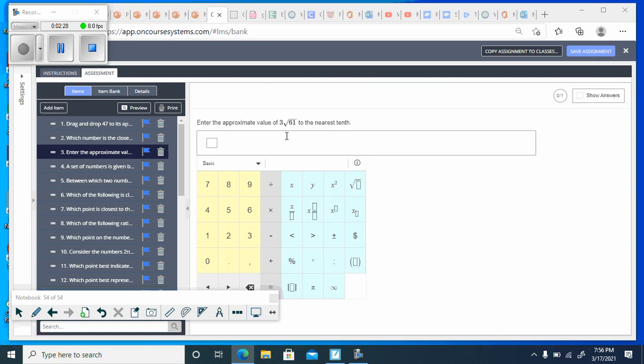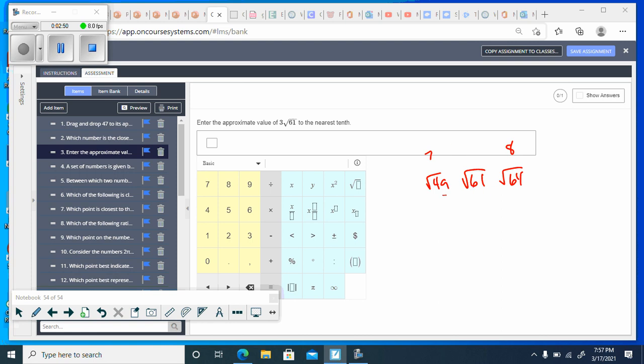Enter the approximate value for 3 times the square root of 61 to the nearest tenth. Well, let's try. Square root of 61. Let's try to get that. That would be between the square root of 64, which is 8, and the square root of 49, which is 7.